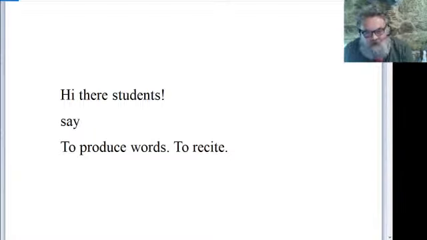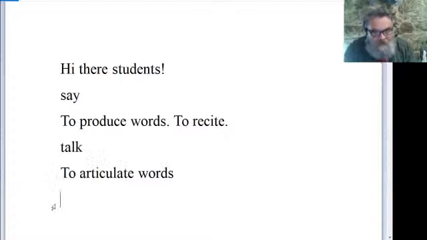The next one I'm going to put here, the simple ones first, is talk. To articulate words. What's the difference between say and talk? I think say is the actual words that are coming out, whereas talk, these are sentences and various things.